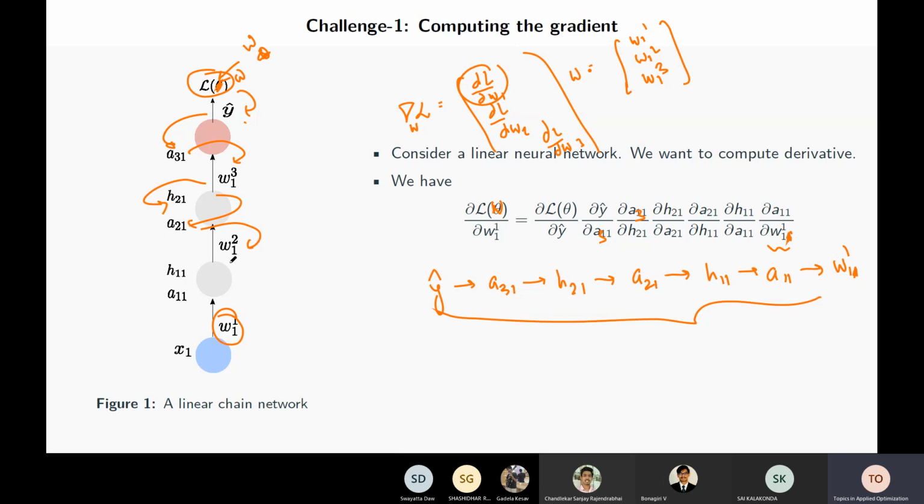If you want to compute the gradient with respect to W12, so if you are going to do del L by del W12, then you will stop at A21.